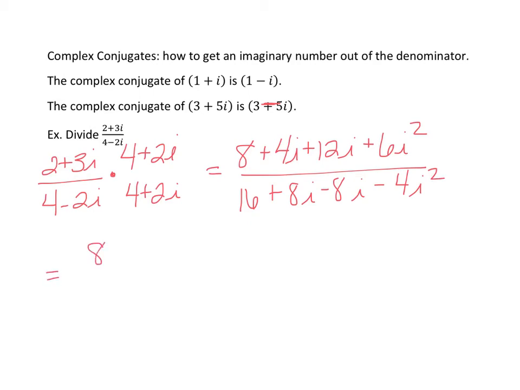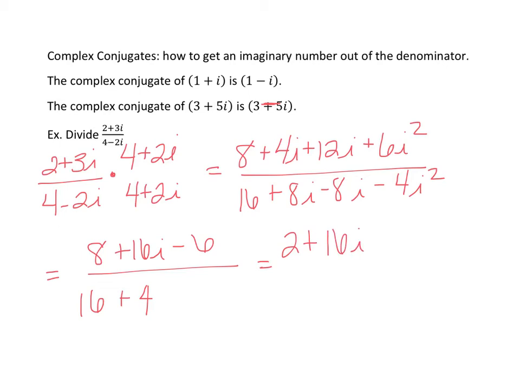Simplifying, I'm going to get 8 plus 16i minus 6 over 16 plus 4. So simplify one more step. I've got 2 plus 16i over 20, and I lied, there's one more step. Everything's divisible by 2. 1 plus 8i over 10.